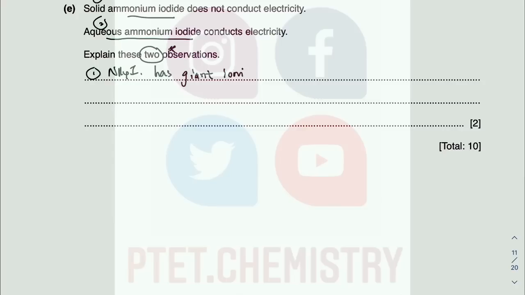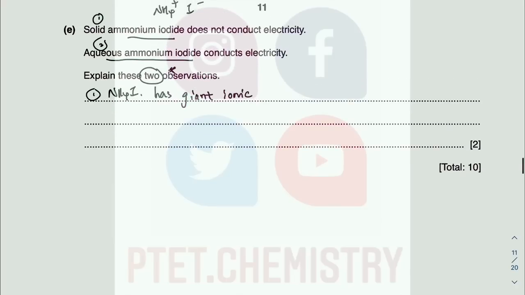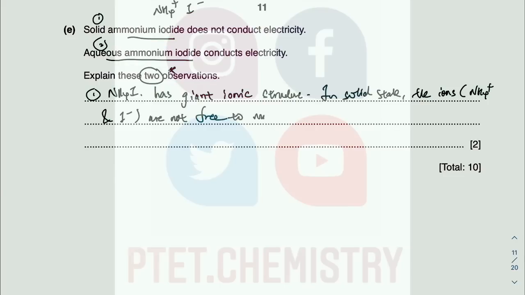So conduction of electricity is to do with structure and bonding. In the solid state, the ions NH4+ and I- are not free to move. So if they are not free to move, therefore cannot conduct electricity.